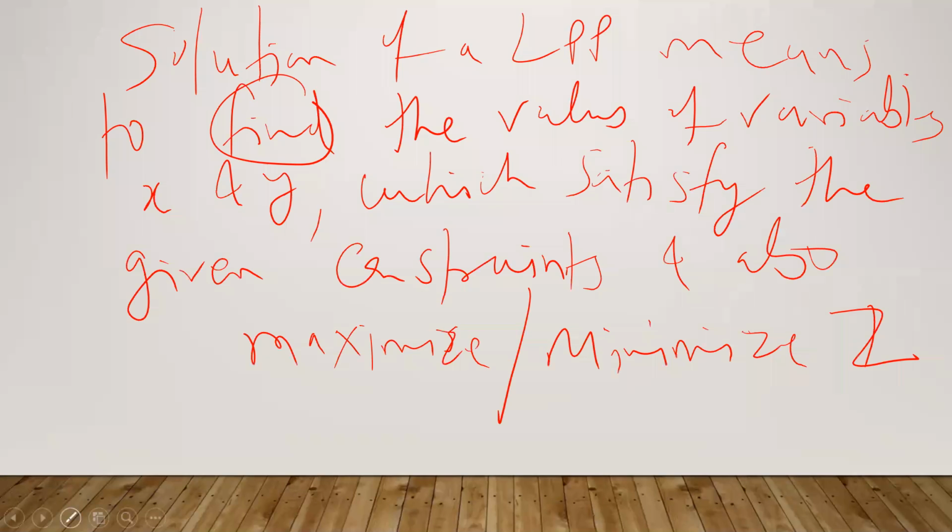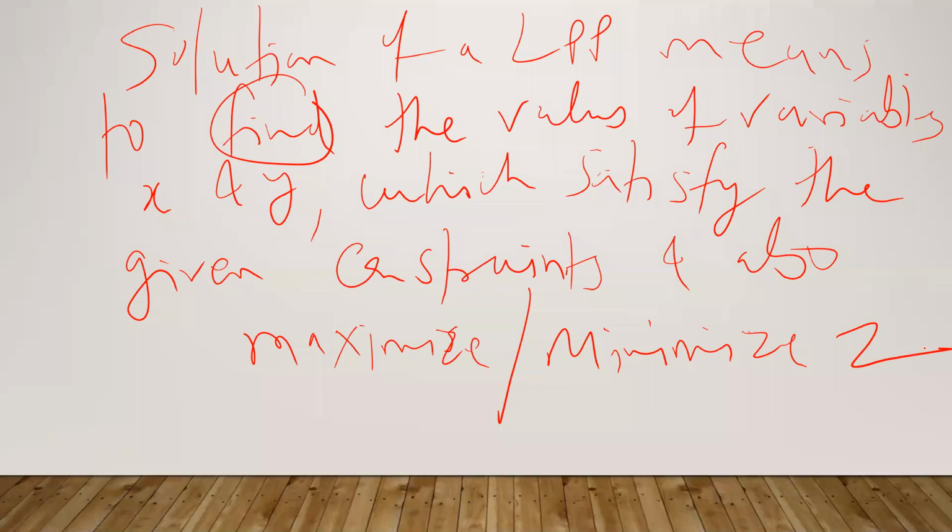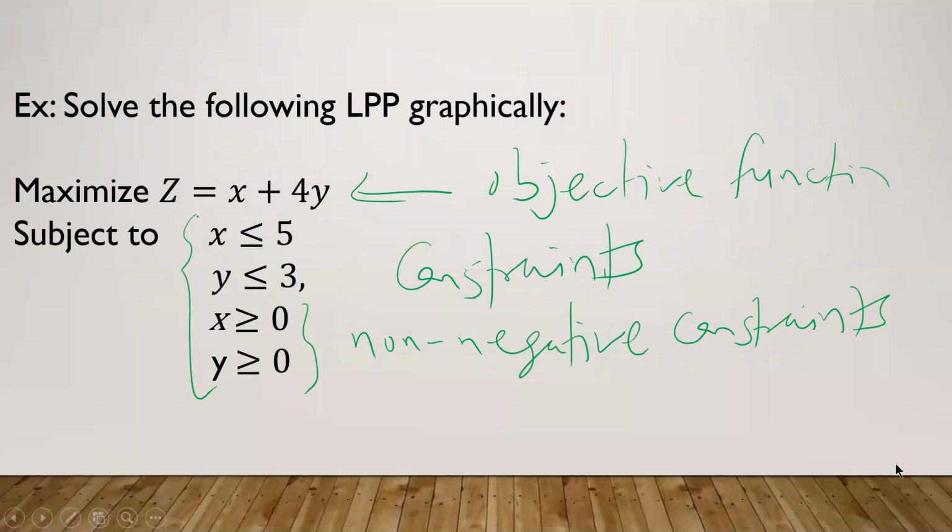So by solution we mean that the solution of a linear programming problem is to find the values of x and y which satisfy all the given constraints, x and y greater than or equal to 0 and the other constraints, and which also maximize or minimize the objective function. So let us see how to solve this problem.